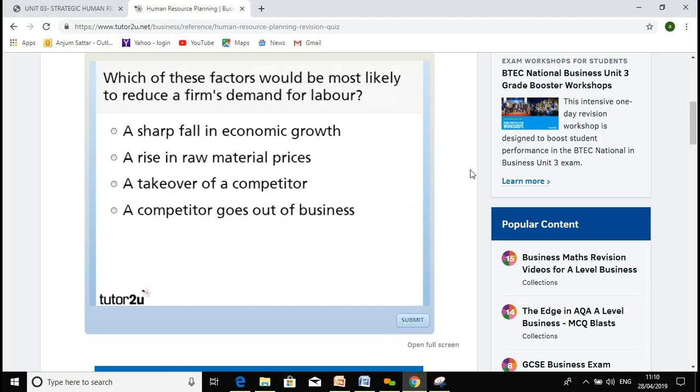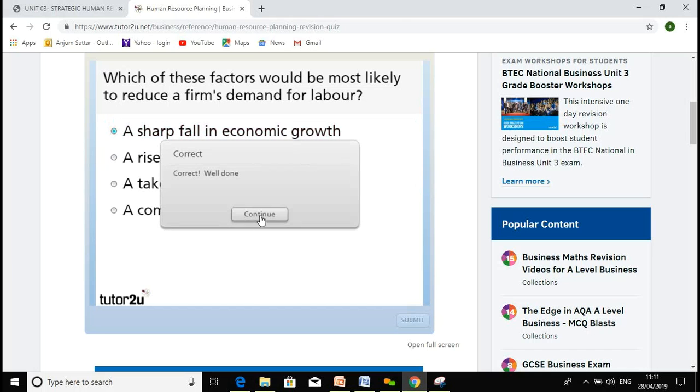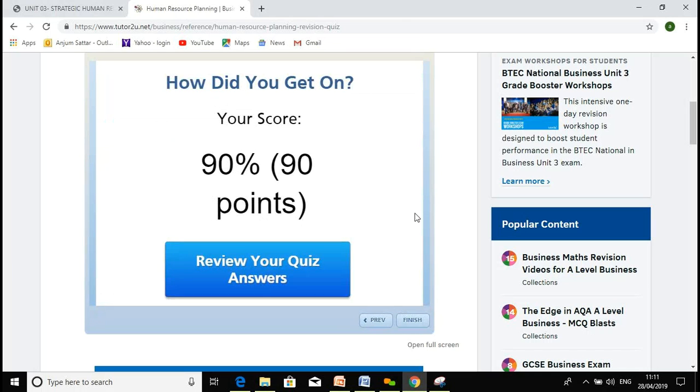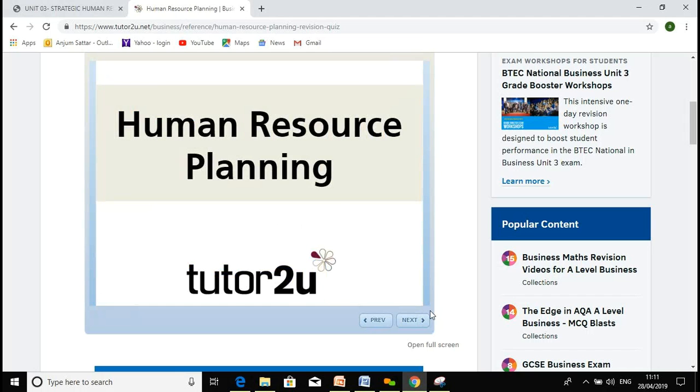Which of these would most likely reduce the firm's demand for labor? A sharp fall in economic growth. The first one. Well done. Correct.